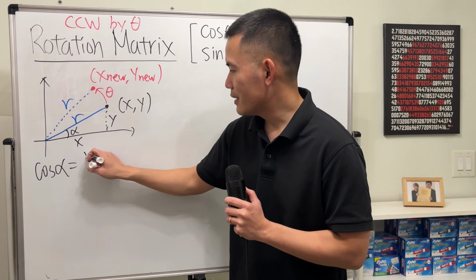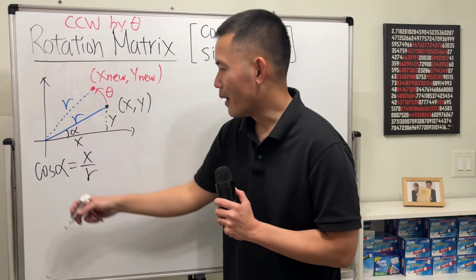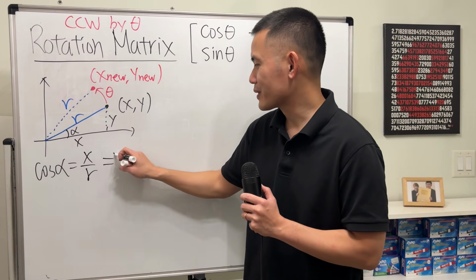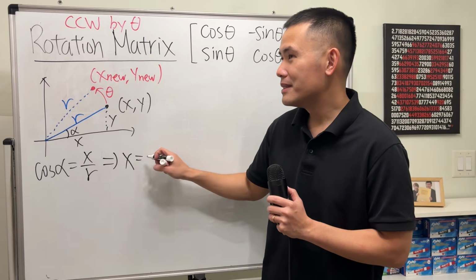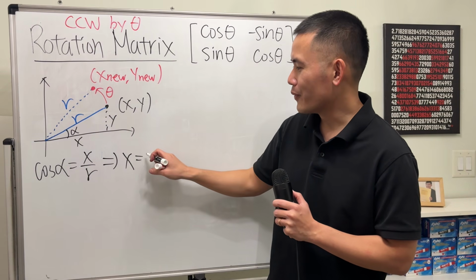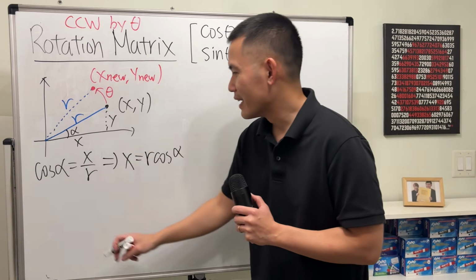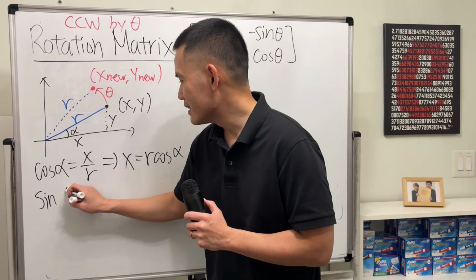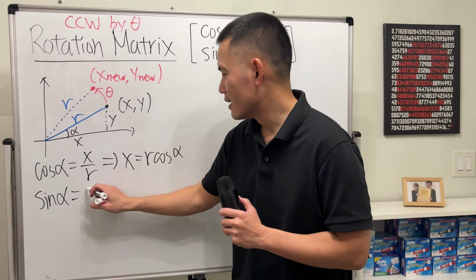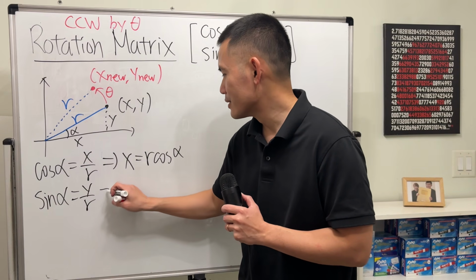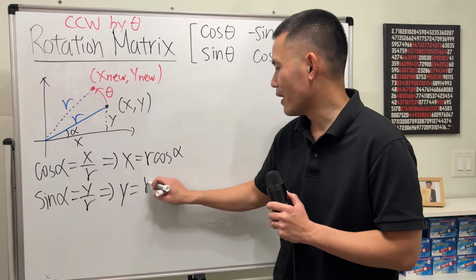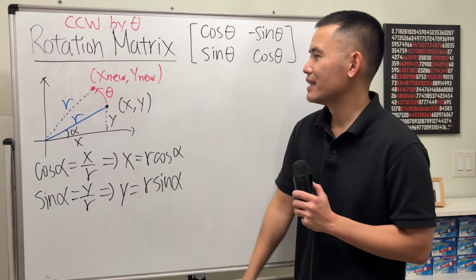So x is r cosine alpha, just like our usual conversion formula for the polar. In fact, it's just polar. I'm using alpha, that's all. And then sine of alpha is opposite over hypotenuse. So y equals r sine alpha.